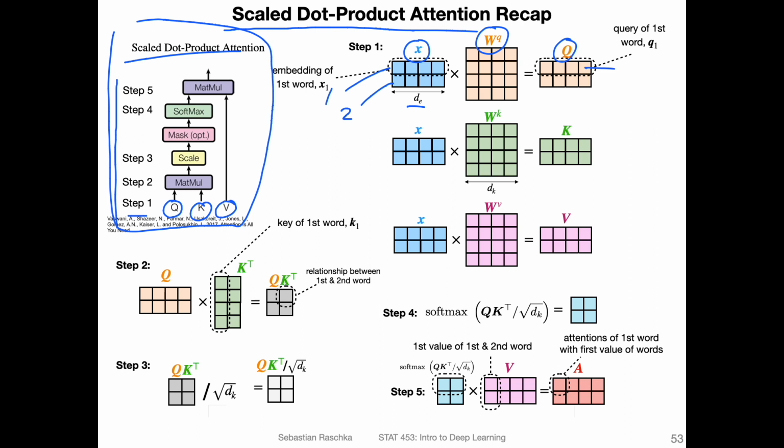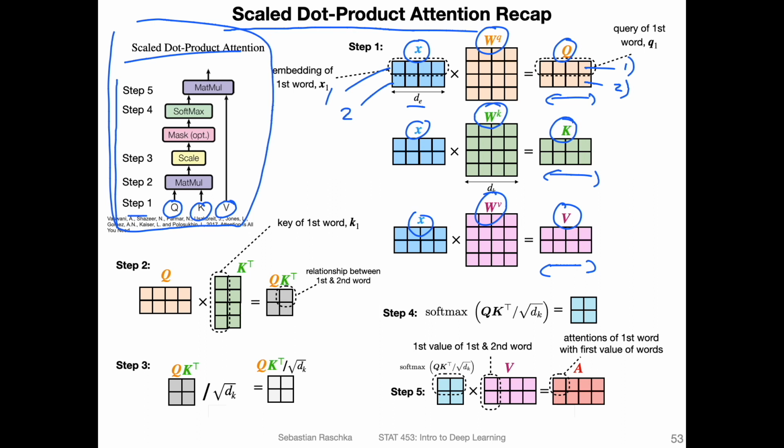So still the first row corresponds to word 1 and the second row corresponds to word 2. We repeat this whole process to get the keys and the values, and in the original paper the dimensionality of these is all the same. The only difference between computing the queries, the keys and the values is that we are using different weight matrices. But we are using the same inputs, of course.